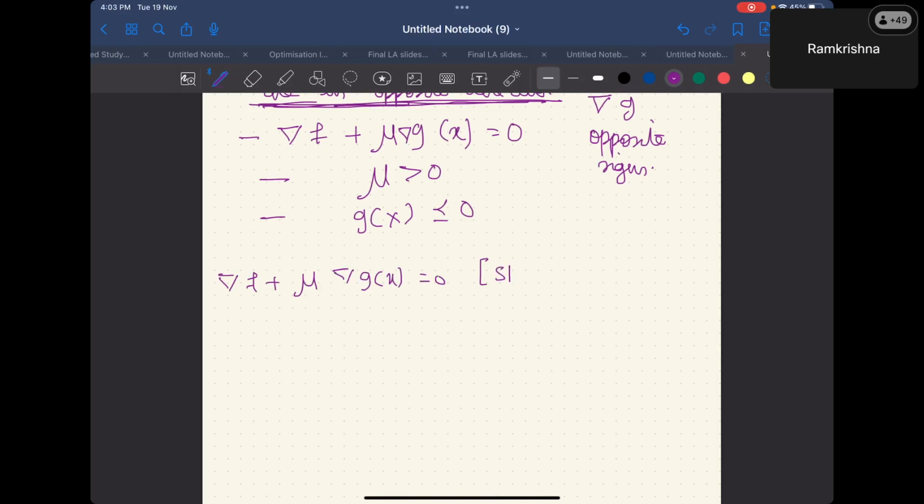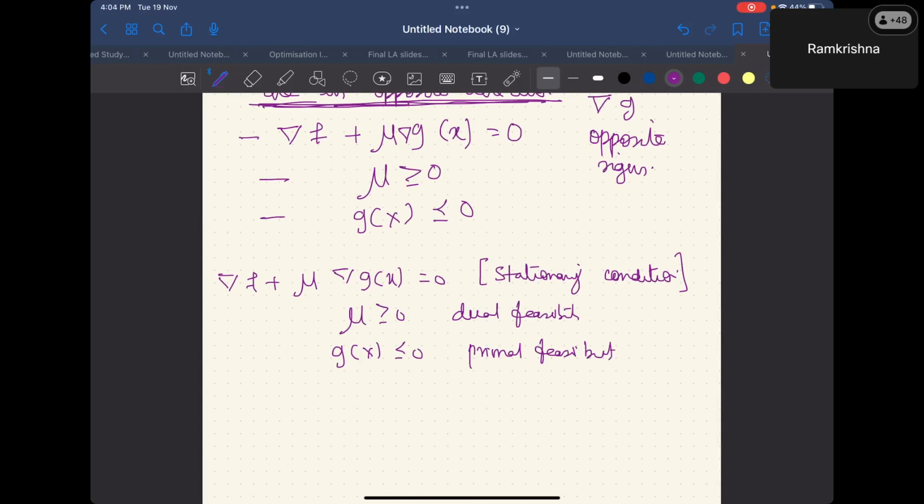This is my stationary condition. Then mu must be greater than or equal to 0. This is called the dual feasibility. Third, g of x is less than or equal to 0. This is my given constraint. I will call this the primal feasibility condition.